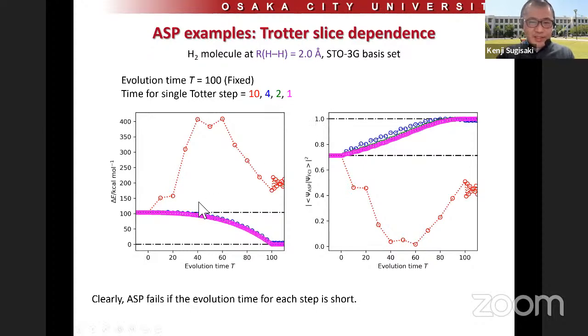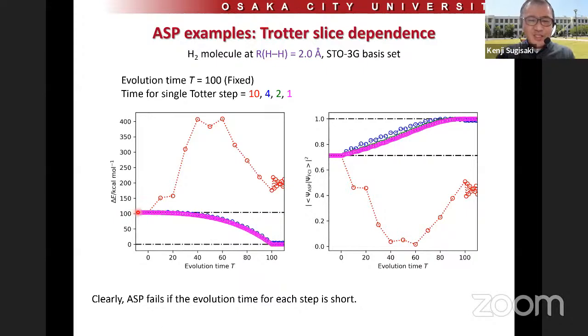As you can see, this blue line is the simulation result with the time for the single Trotter step set to 4. This blue line somewhat deviates from this pink line. And if we set the time for the single Trotter step to be 10, the result was hopeless.